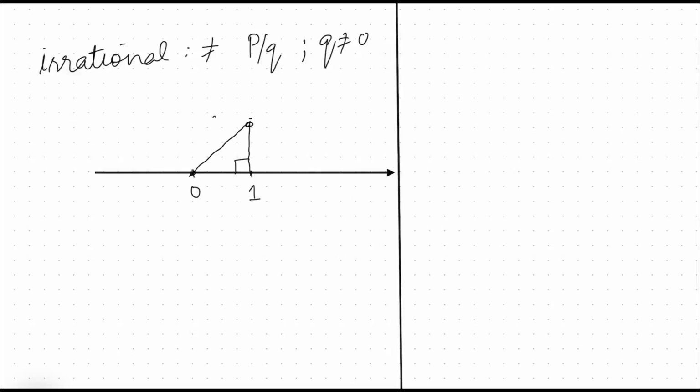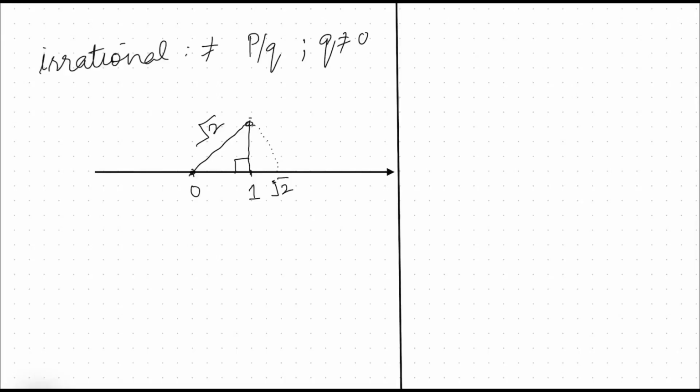The length of this is called √2, and on the number line I can draw it using an arc, and this is what would give me a √2 on the number line, which means that rational plus irrational numbers both can be shown on the number line.